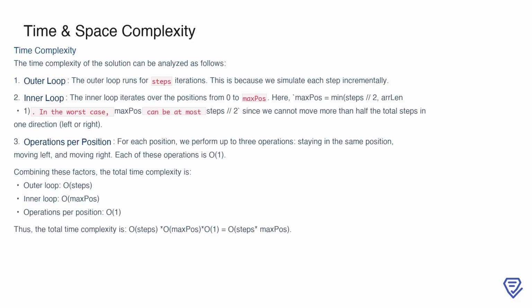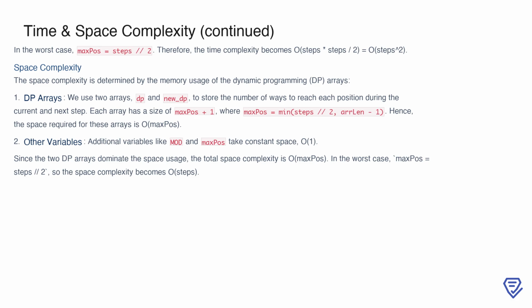Multiplying these together gives a total time complexity of O(steps * MaxPos). In the worst-case scenario, where MaxPos equals steps // 2, the time complexity simplifies further. Substituting MaxPos equals steps // 2 into our earlier calculation, we get O(steps * steps/2), which simplifies to O(steps^2).